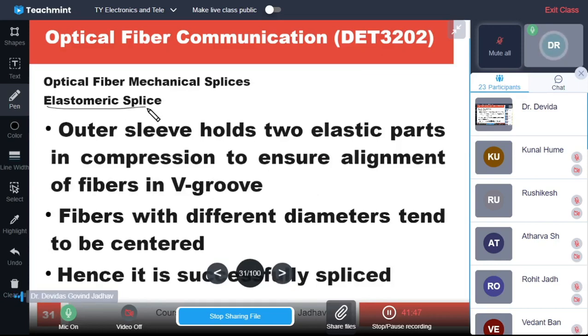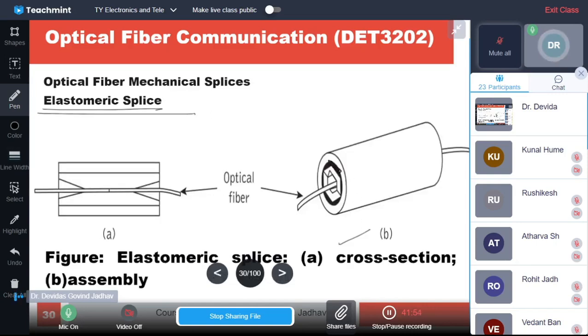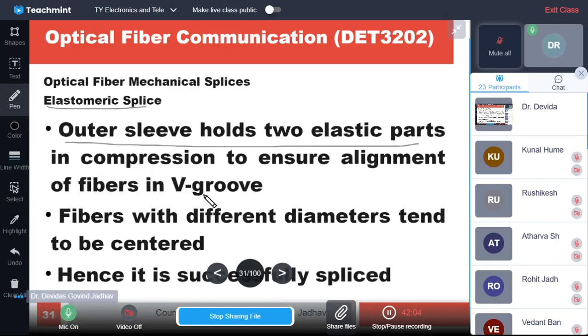In the elastomeric splice, there is an outer sleeve and inside it two parts, one having a V groove and the other flat.